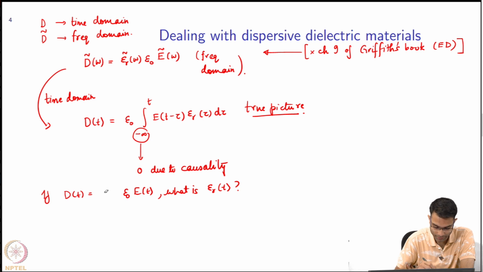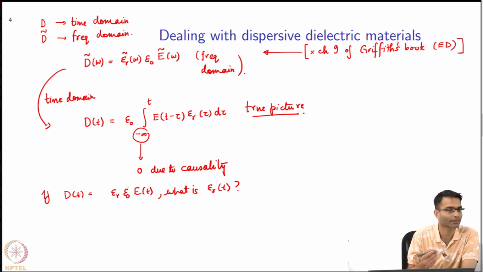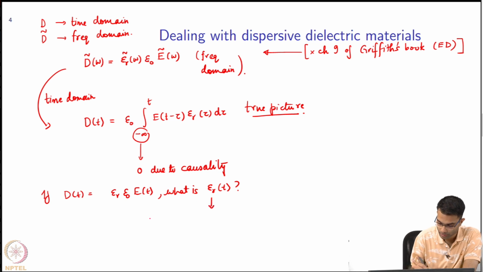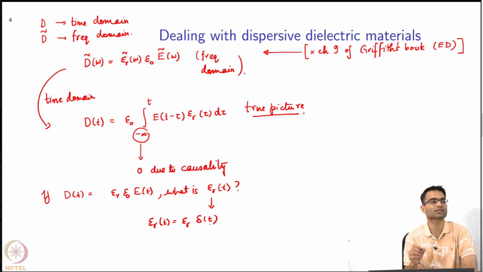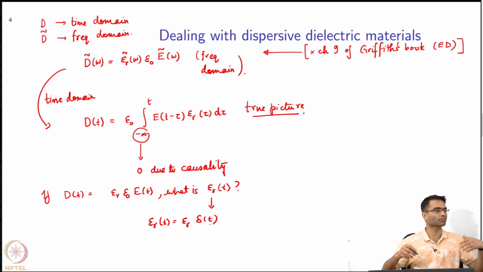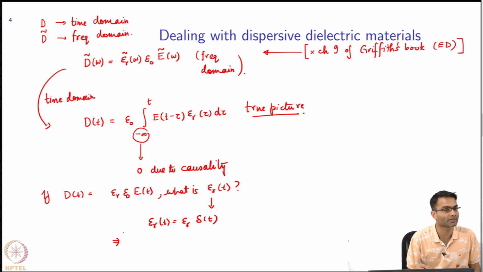We have been writing it like this, with a delta function, right? Then this convolution gives me this simple relation, right? So in other words, this is a material that reacts instantaneously to the incident radiation, because you can look at this convolution as the convolution of an impulse response with the input, right? And so if the impulse response is a delta function, that means the response is instantaneous, right? Which is unrealistic.